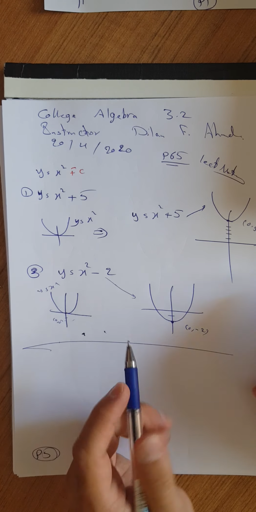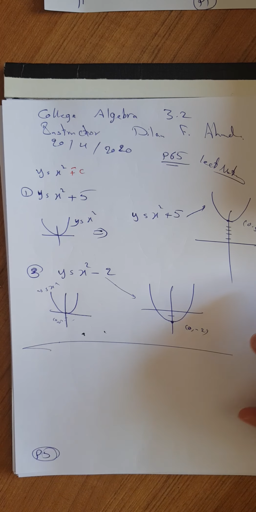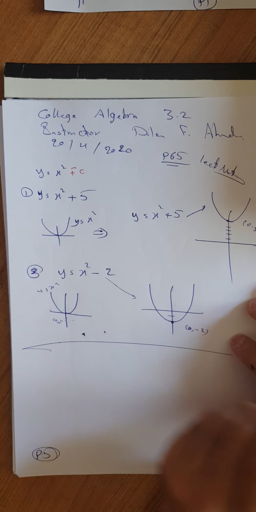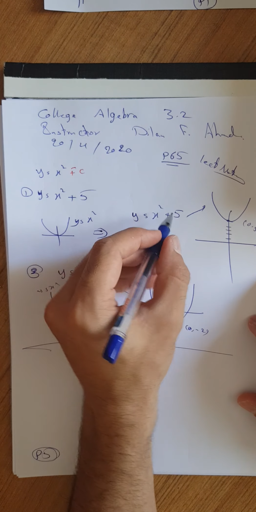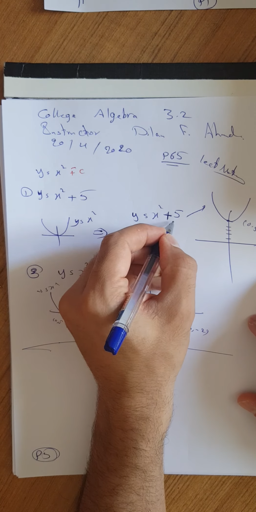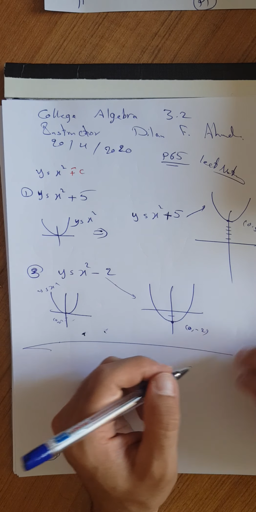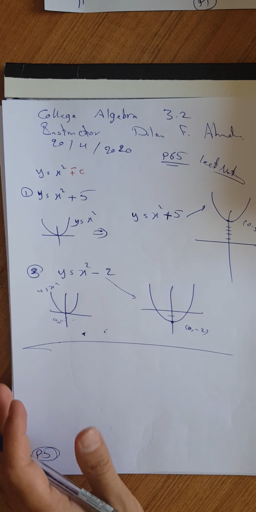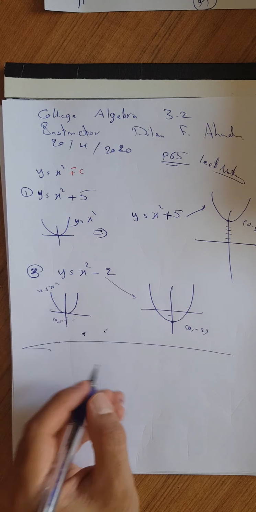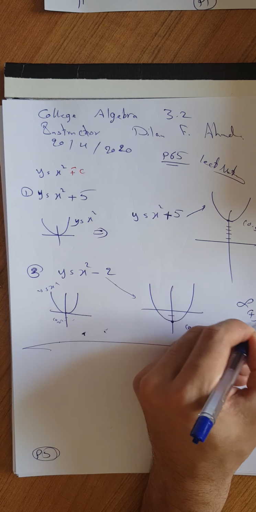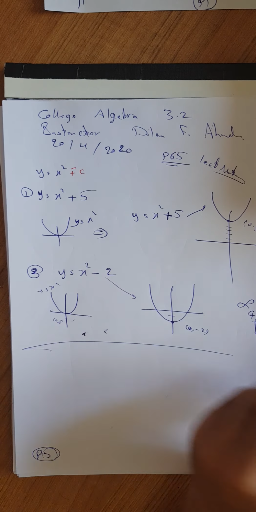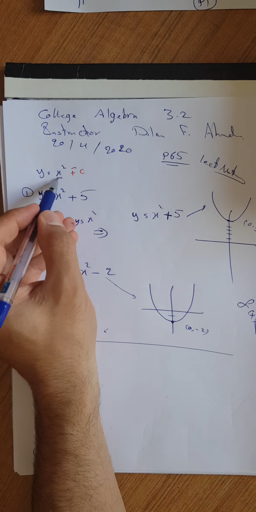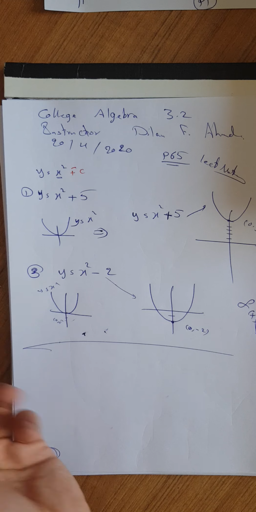So when I say starting point, it means the minimum point, and the important thing here is the shape: how it goes up and how it goes down from the vertical shifting. So when I say f of x plus or minus c, it means that we add a constant number outside the function.